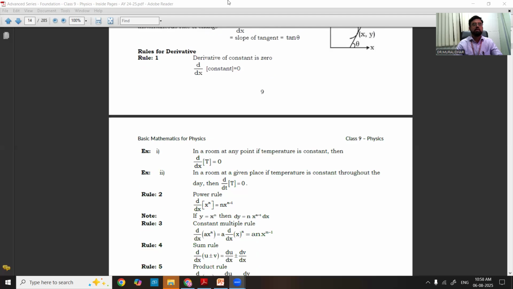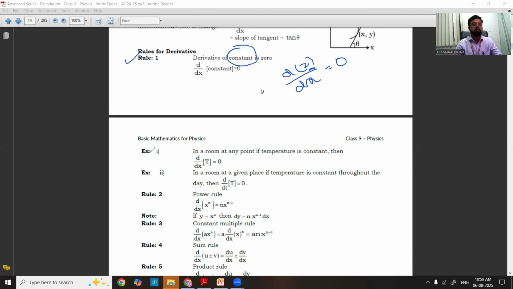What is rule number one? Rule one says that the derivative of a constant is 0. We take any constant, 1, 2, 3, 4. So d by dx of, suppose, 2 is equal to 0. The differentiation of any constant is always taken as 0.